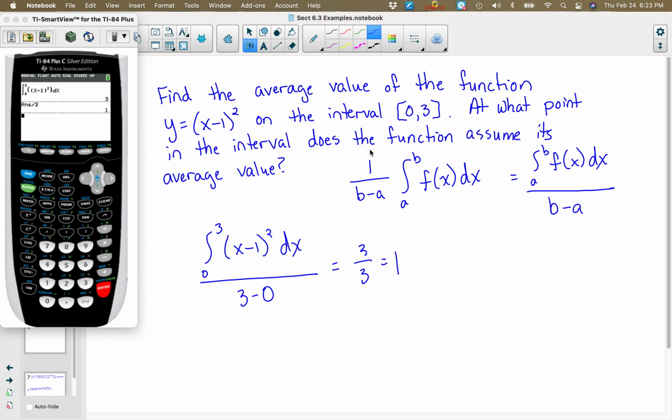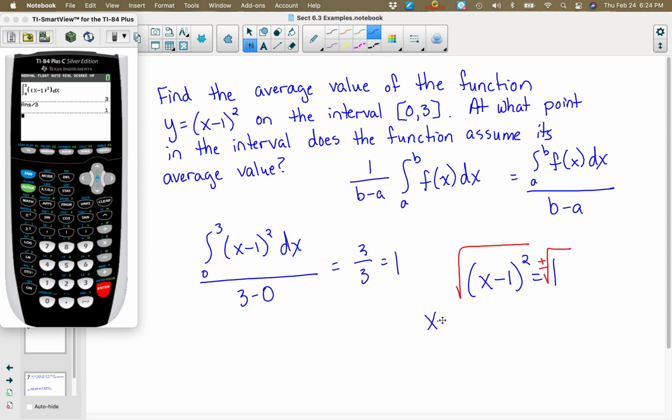But then the question says, at what point in the interval does the function assume its average value? So remember, the function was x minus 1 quantity squared. So now we want to say, when does this function equal the average value? So this is what we need to solve. You can square root both sides. And when you do, remember, you're going to get plus or minus.